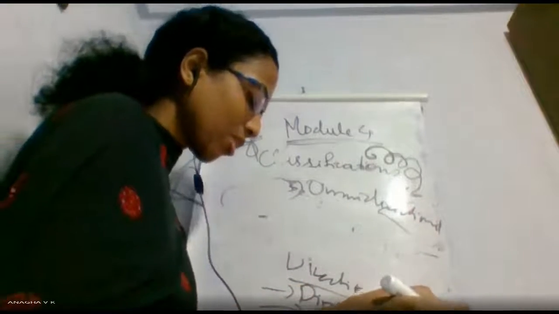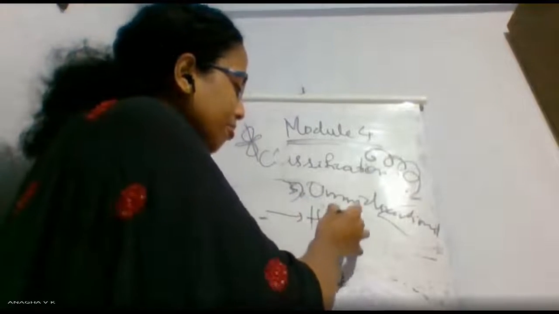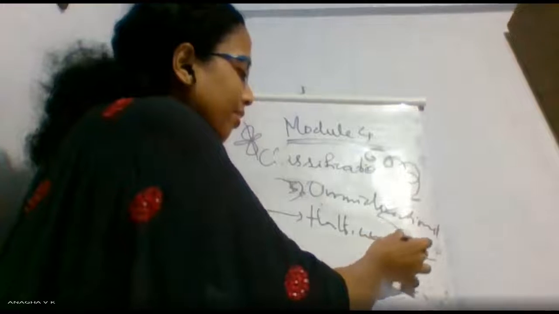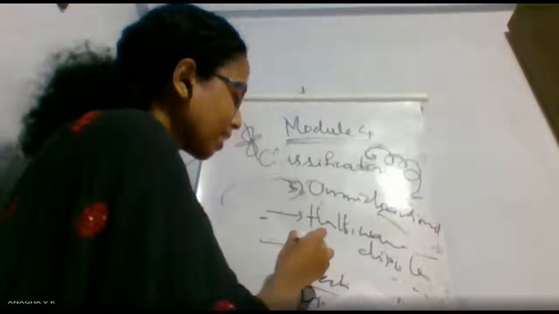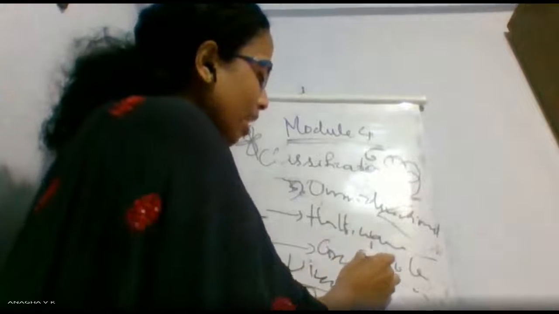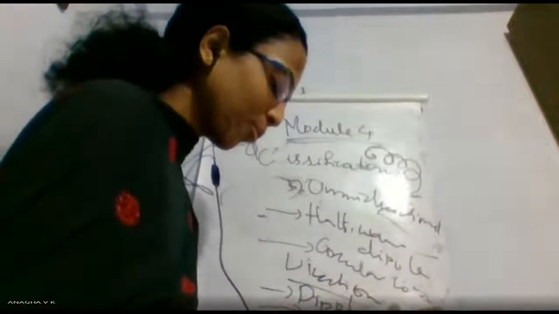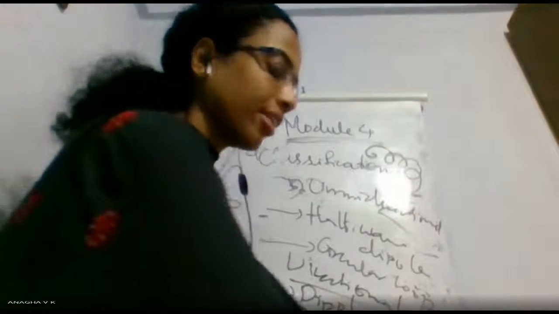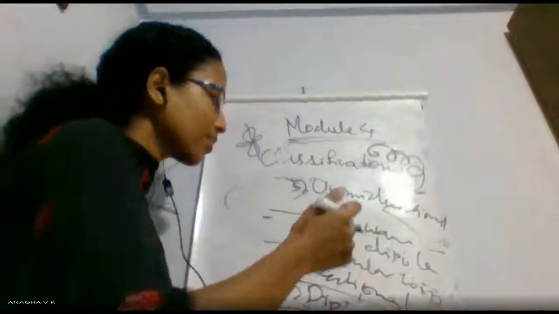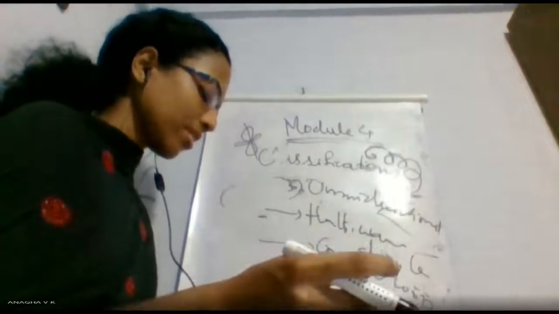Next is omnidirectional. Omnidirectional means half wave dipole and circular loop. So these are the different classifications. Isotropic means star antenna and point source.